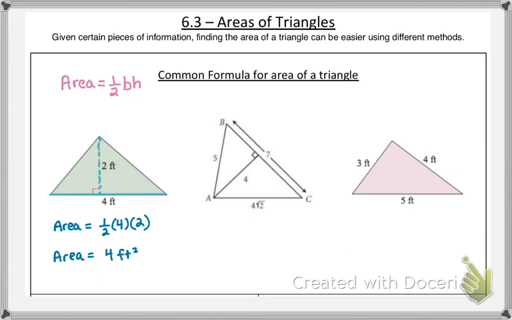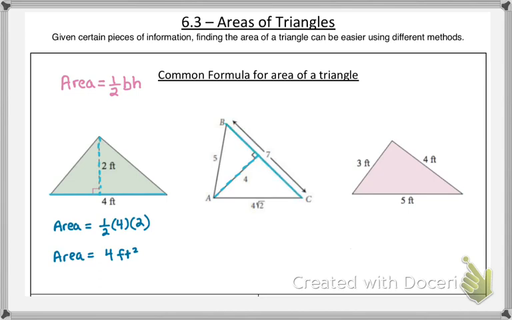Okay, and then if we look at the second one, now just because the side is shown on the bottom doesn't necessarily mean that it's the base or that we're going to use it as the base in the formula. Remember, we need the height. So in this case, the height of 4 is perpendicular to the side BC, and I'm going to use that as the base of my triangle.